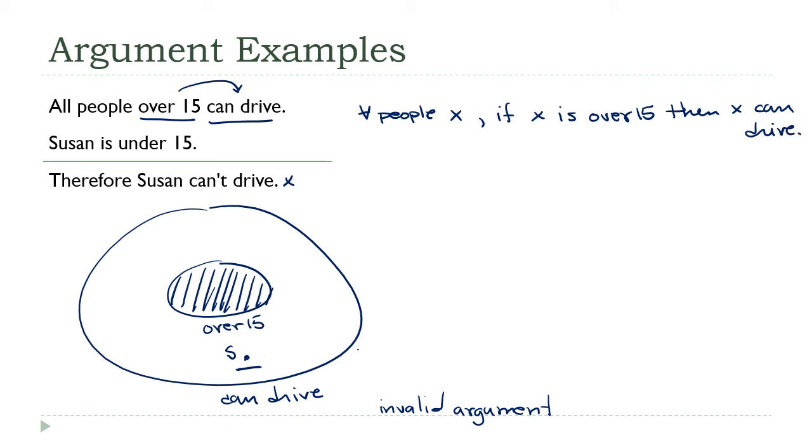So you can start to see the P and the Q now. The person is over 15 is P of X. The person can drive is Q of X.